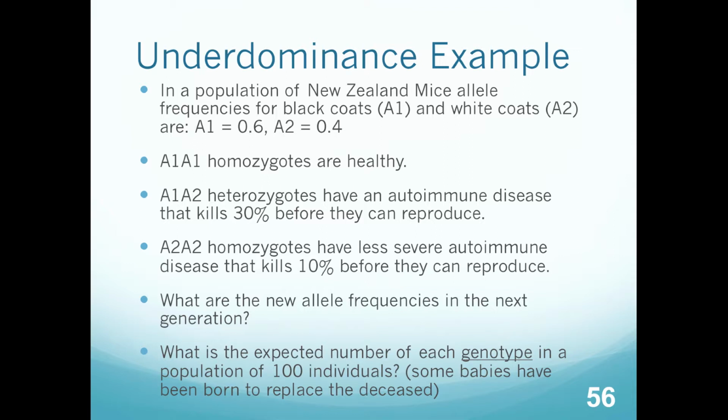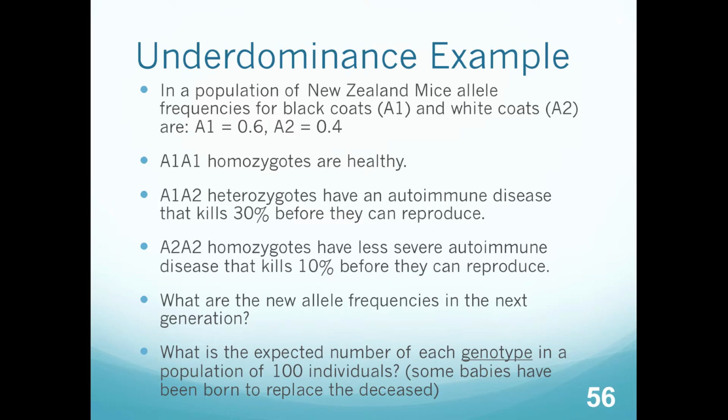So some of these mice have black coats and some of them have white coats. And the allele frequencies are 0.6 and 0.4. The homozygotes are healthy. The A2 homozygotes do have some amount of disease that kills them. And the heterozygotes have a severe autoimmune disease that kills 30% of them before they can reproduce.